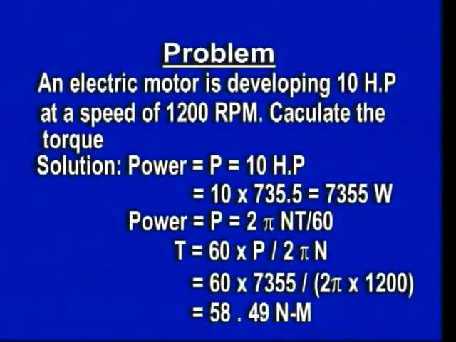The formula for power, that is mechanical power, is 2 pi nT by 60. From this, the torque becomes 60 into P by 2 pi n. So substituting the values of power and speed, we get 60 into 7355 divided by 2 pi into 1200. So the answer becomes 58.49 Newton meters. This is the torque.